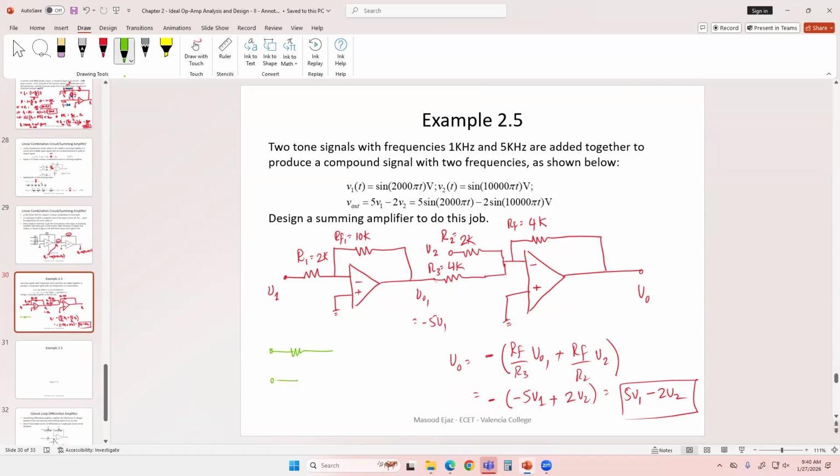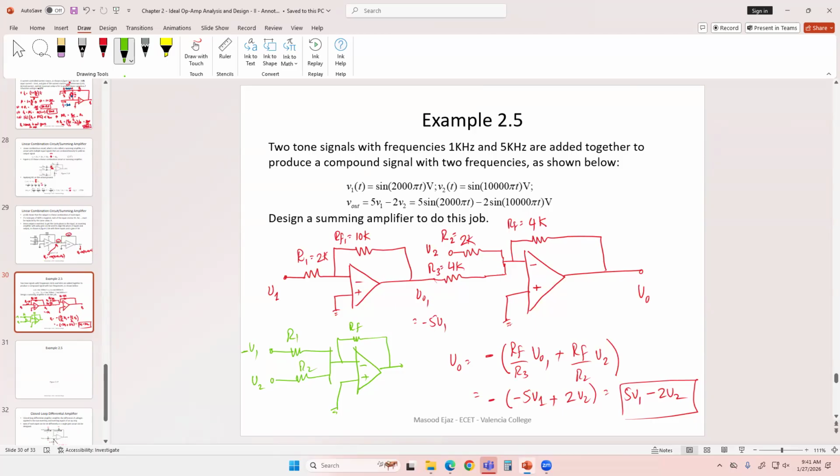Summing amplifier, negative, positive, V1 and negative V1 and V2, R1, R2. That's what they do. So don't do that. It's not negative V.